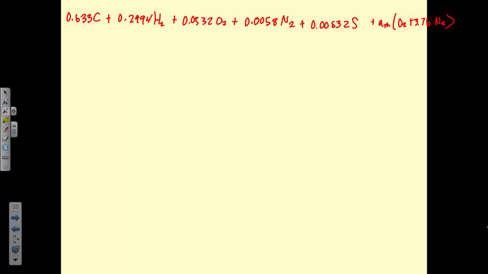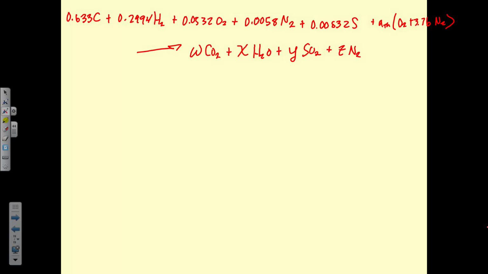Okay, so those are all of our reactants. Our products are W times CO2 plus X times H2O plus Y times sulfur dioxide plus Z times nitrogen.